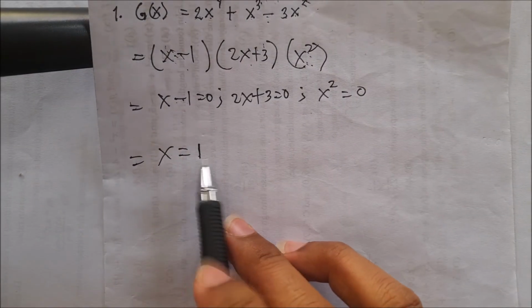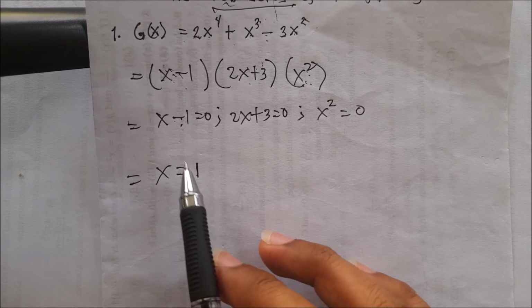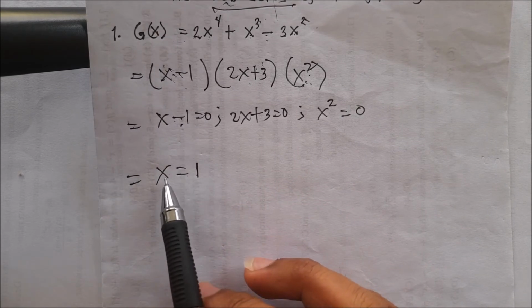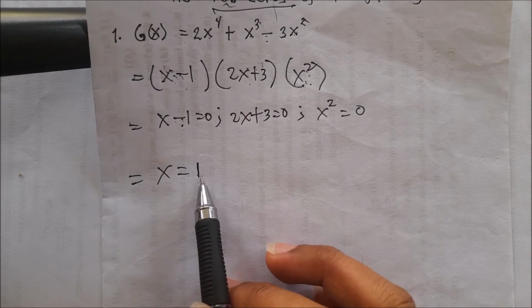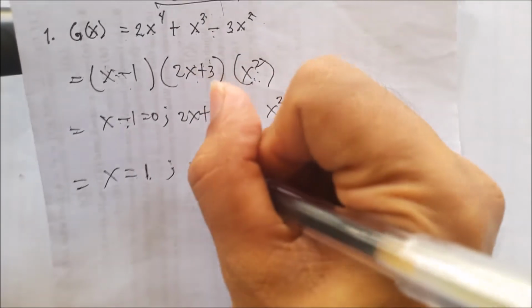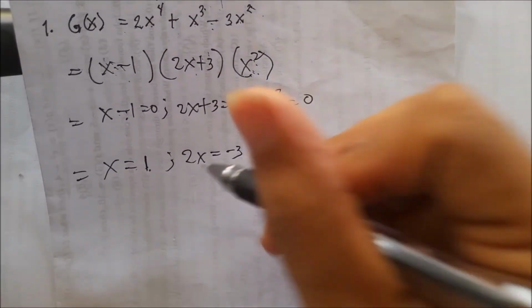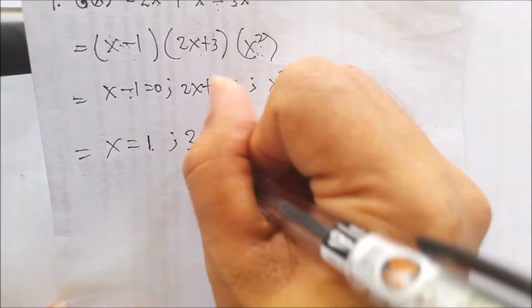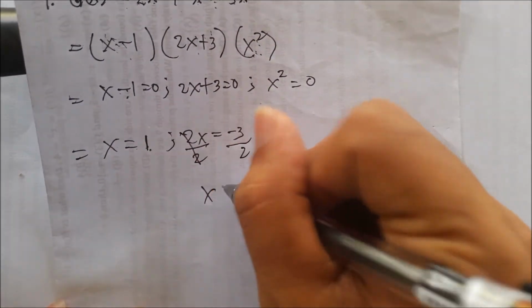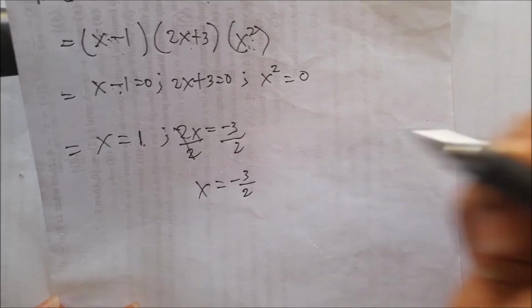Why is this positive? Because the number moved across the equal sign changes its sign. And 2x equals negative 3. How to find the value of x? Divide both sides by 2. Then x is negative 3 over 2.